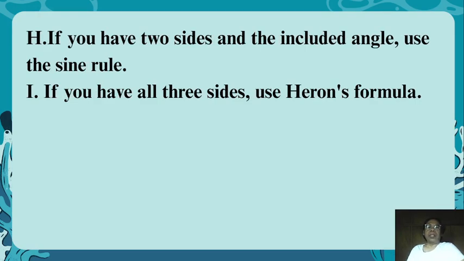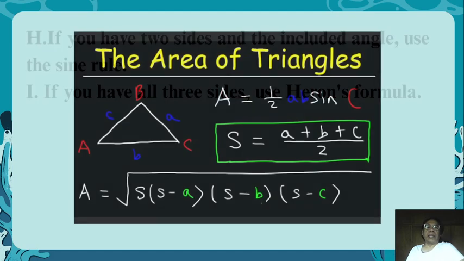If you have two sides and the included angle, use the sine rule. If you have all three sides, use Heron's formula.